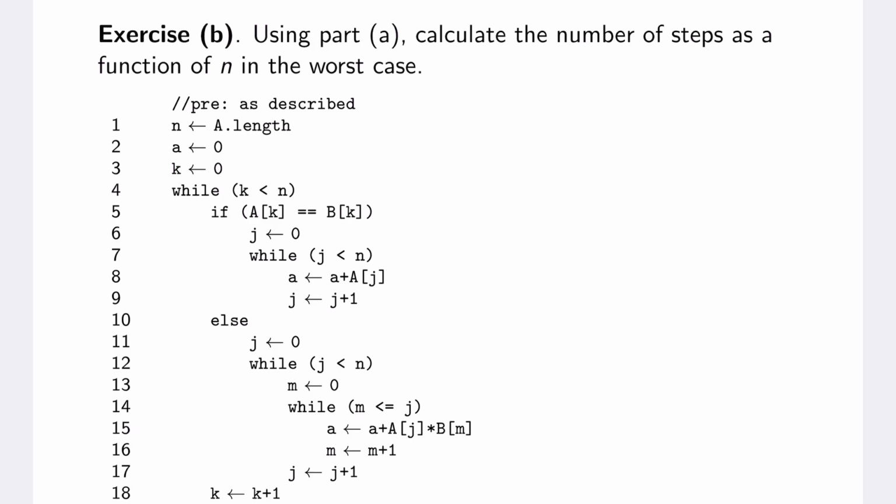So now we know how many steps the region of lines 15 to 17 will take in both possible cases. So for any given k, if ak equals bk or not. So let's use that to calculate the number of steps that this algorithm takes in the worst case, and along the way, figure out what exactly the worst case is.